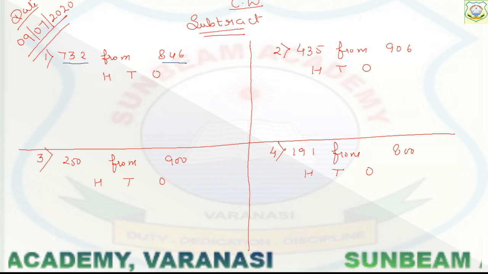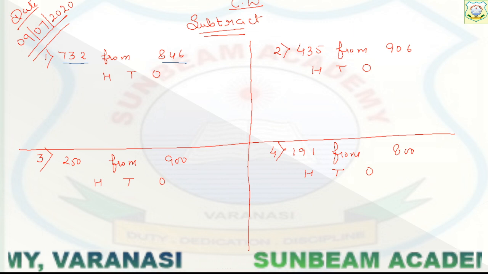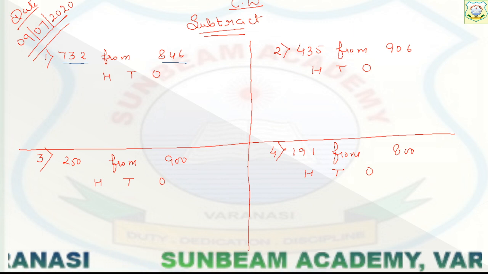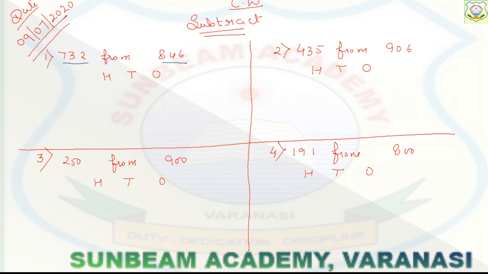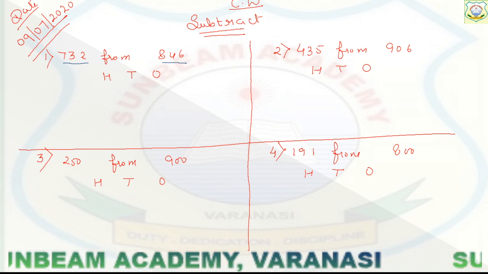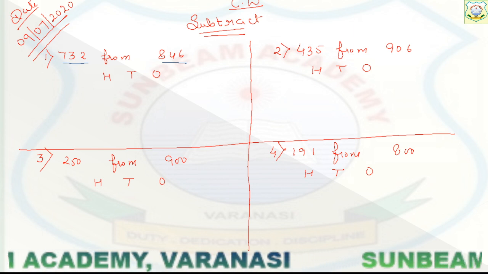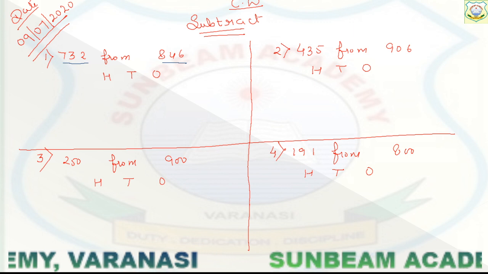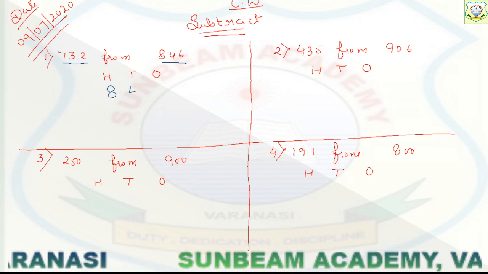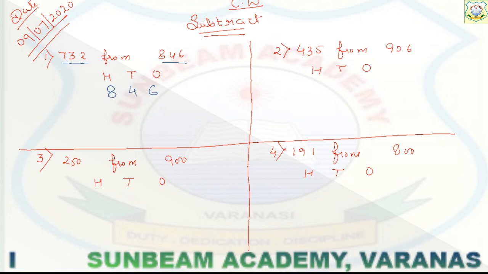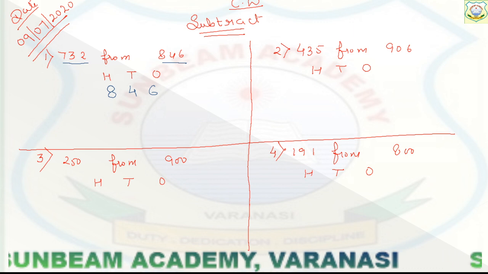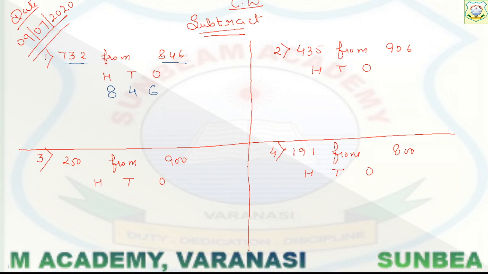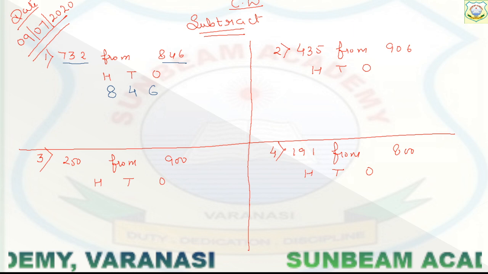What is minuend? I have told you minuend is the bigger number. Which is the bigger number, 732 or 846? Yes, 846 is the bigger number. So minuend will be 846, right? So here it is written, subtract 732 from this.